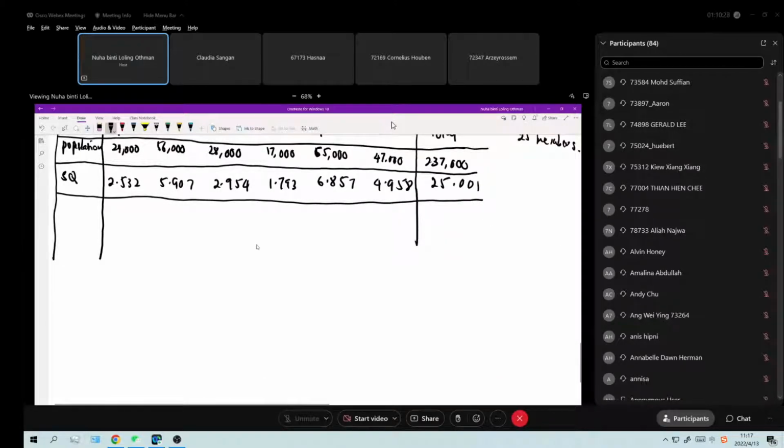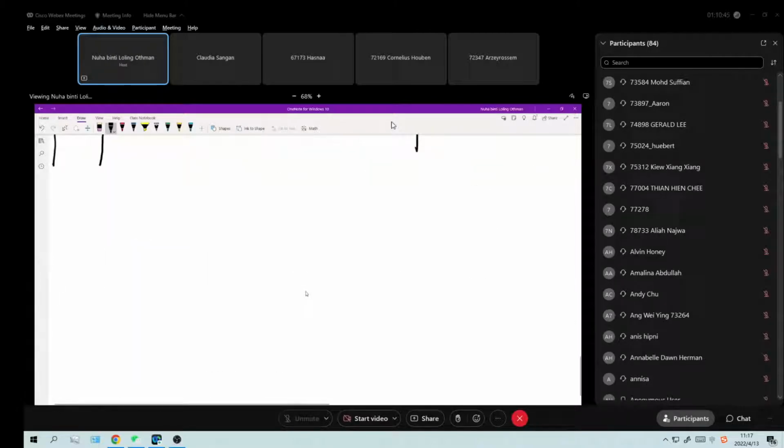Next, before you know which method you will use, you need to know that you have a lower quota and an upper quota.